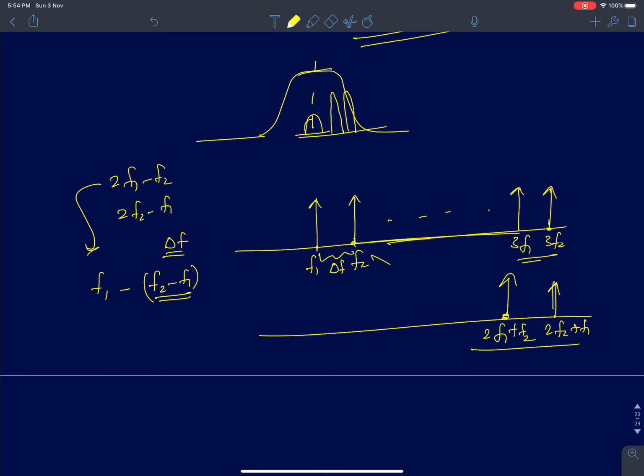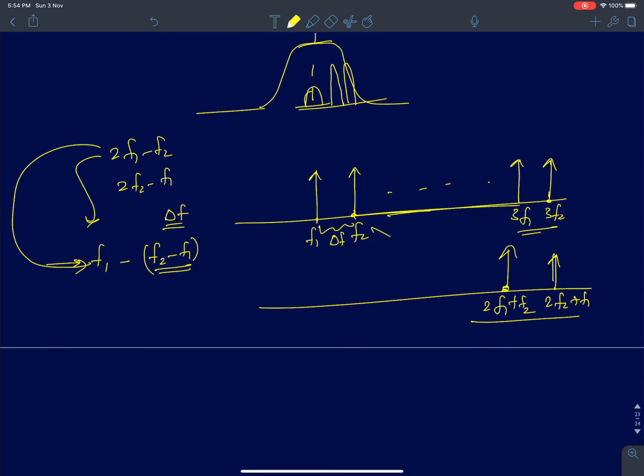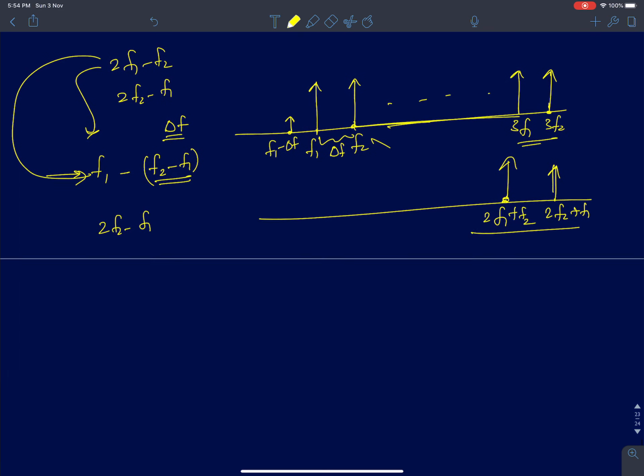Then the first term 2F1 minus F2 will occur at F1 minus delta F. The second term 2F2 minus F1 can be written as F2 plus F2 minus F1, which is F2 plus delta F.